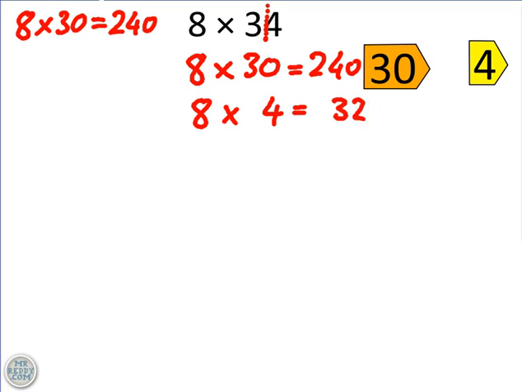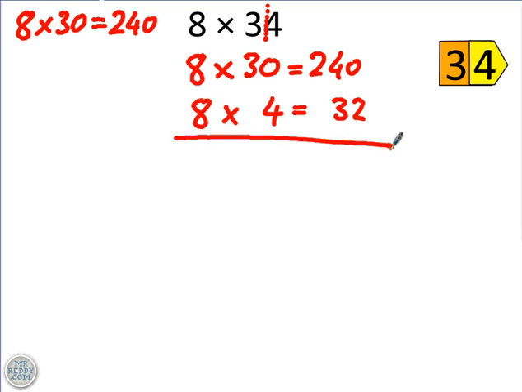Now I need to bring the pieces back together again so that I get 8 times 34. And to do that, we can do a big addition. The end result of this will be 8 times 34, which is what we always wanted. And then when we add these together, we get 272.